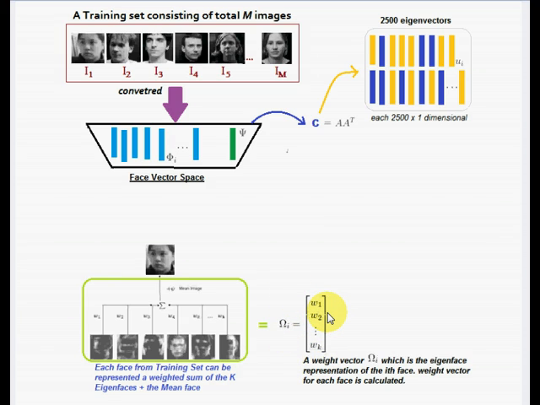Now, these weights are the percentages of the eigenfaces, the eigenvectors. So if we multiply it by an image, we can get how much of which eigenface comprises this face. So we need to find these weight vectors for each image of the training set.